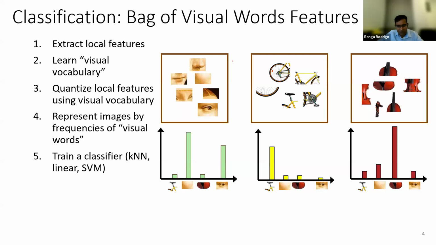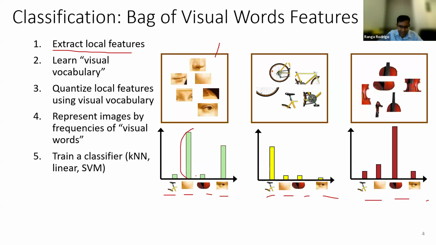Now, before this neural network paradigm came, people used bag of visual words, and there what people did was they extracted local features. For example, this is the Mona Lisa image. From that, they picked image patches like this, and then they had a so-called dictionary of patches. You can see these 4 patches are in the dictionary, and they check in every image how many of those patches are present.